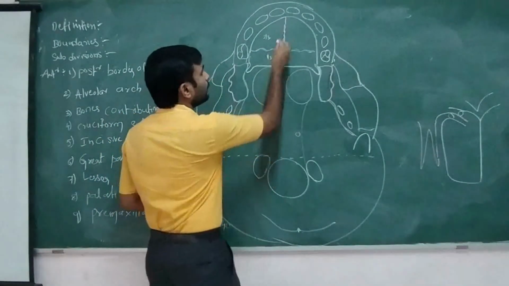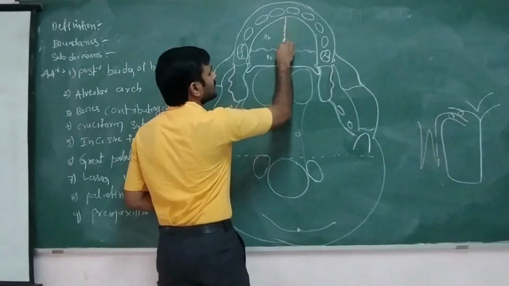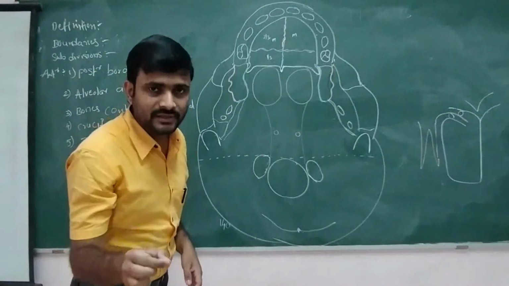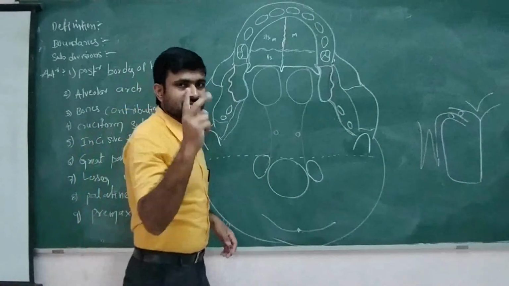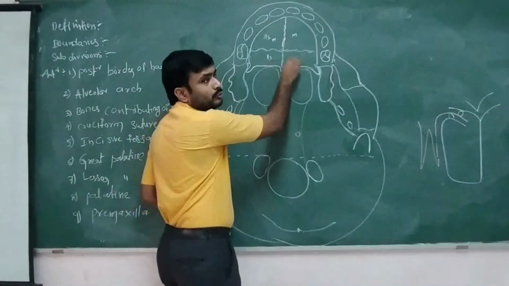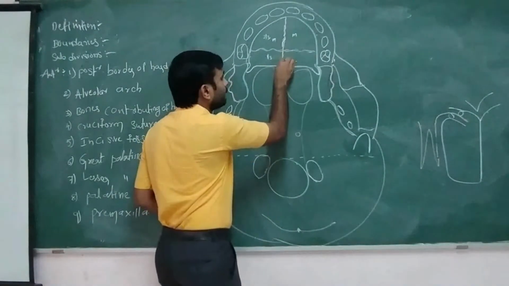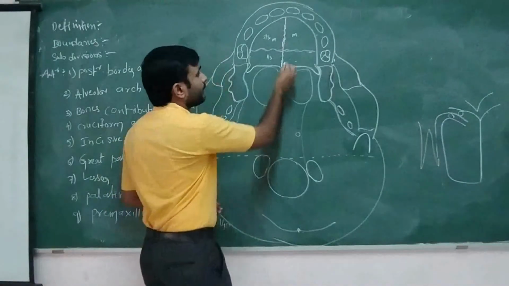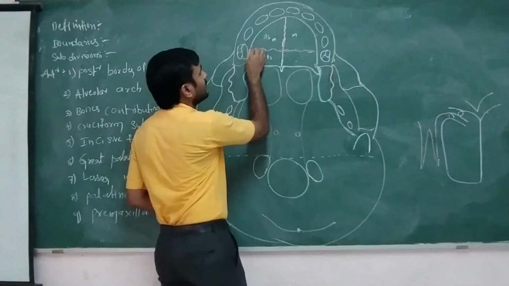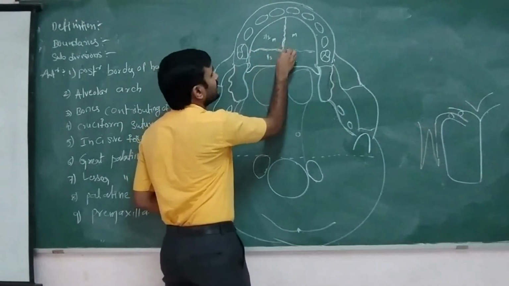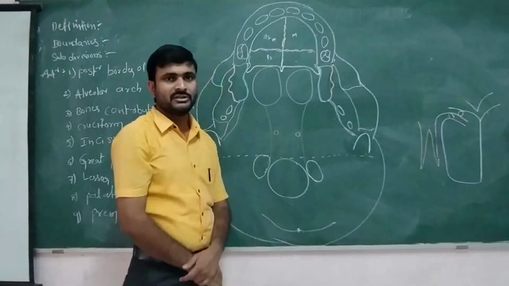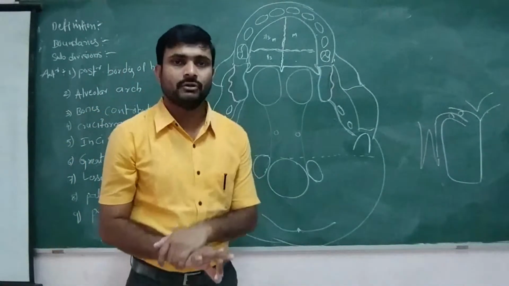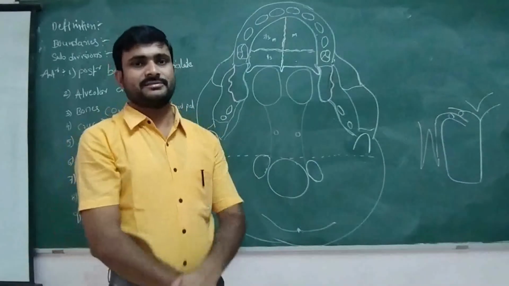The first one between the two maxillae: this is the maxilla and this one is the maxilla, the intermaxillary suture. The second one between the palatine bones, the interpalatine suture. And the third suture between the palatine and the maxilla, called the palatomaxillary suture. So these are the sutures of the anterior part of norma basalis.